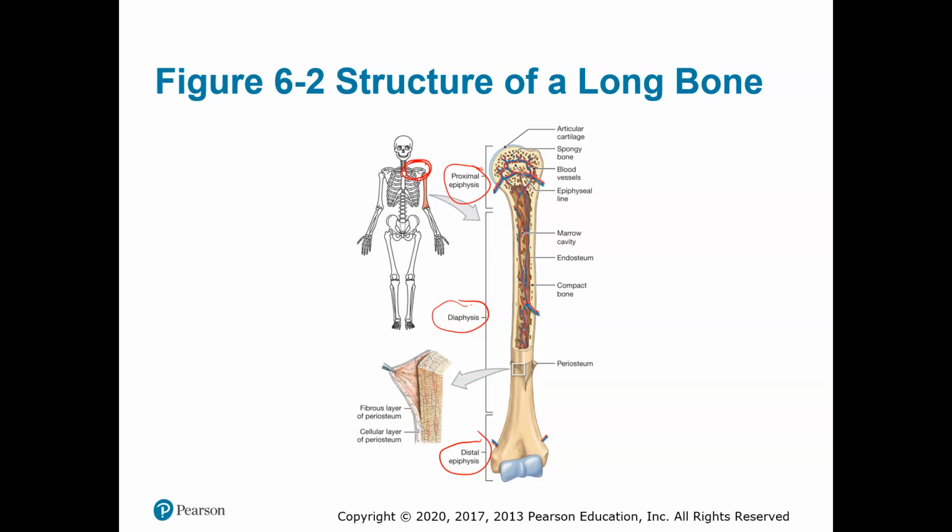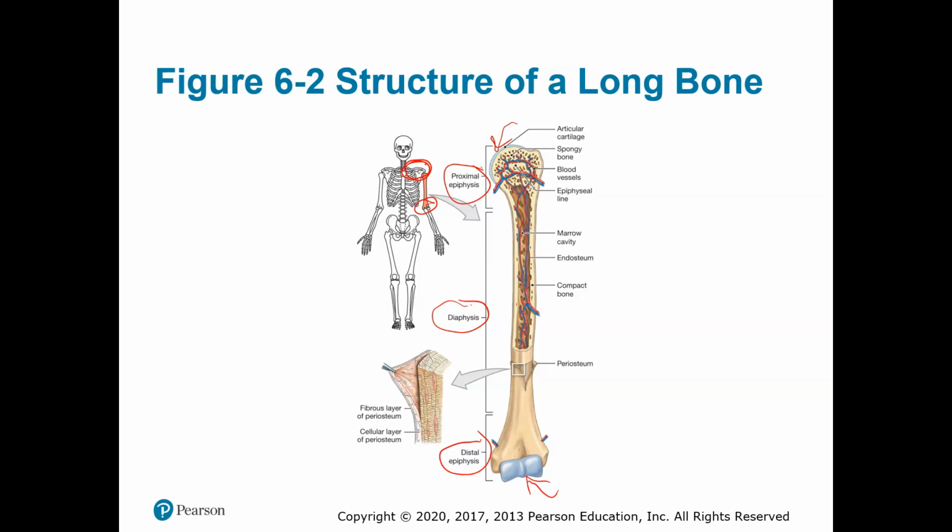And the end that is furthest from the shoulder joint is called the distal epiphysis. Okay? Now, at both ends, you have articular cartilage. You have articular cartilage here, and you have articular cartilage here. And the articular cartilage is going to protect the bone from being worn away. It's just extra protection for your bone.